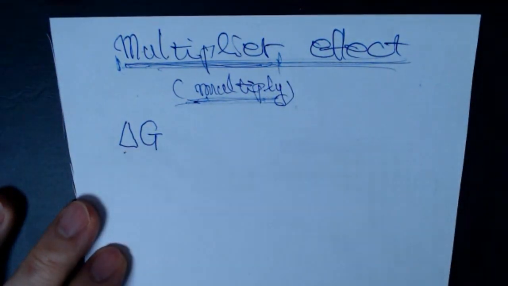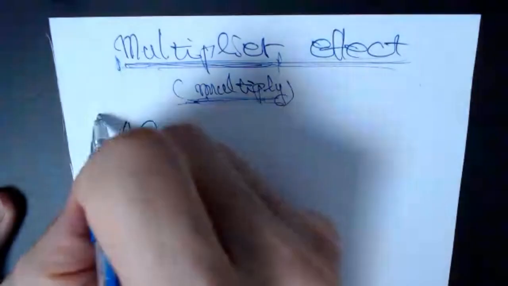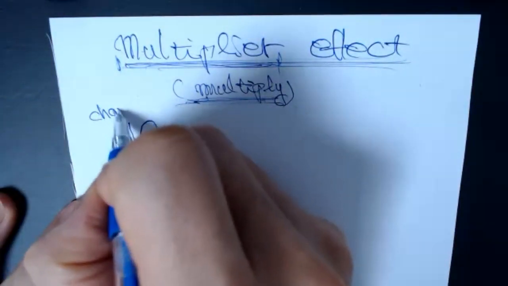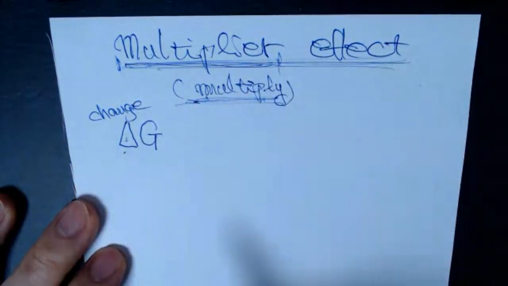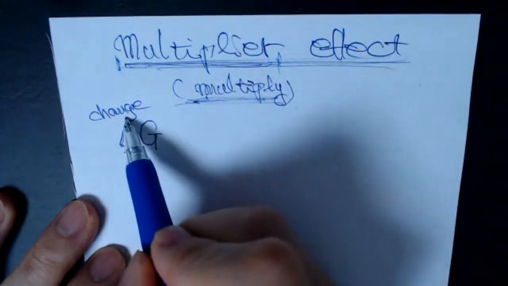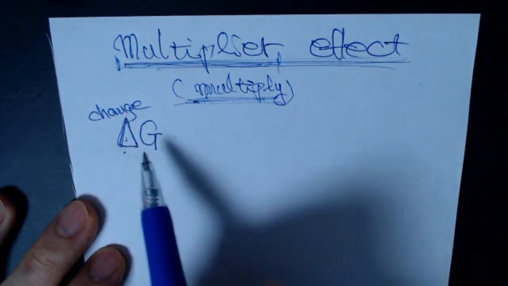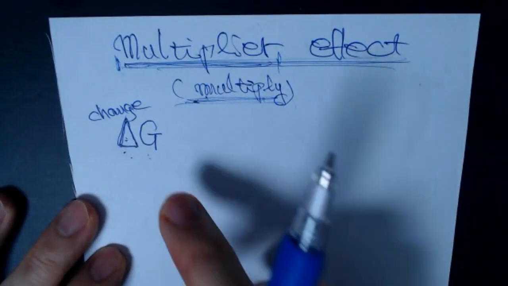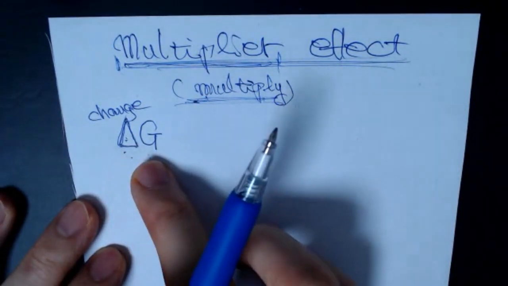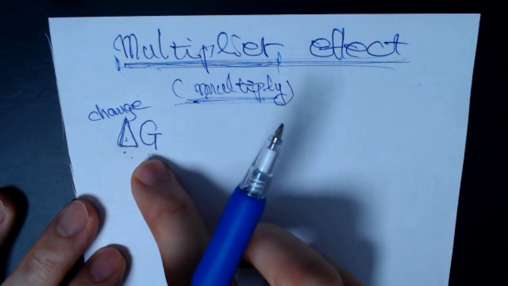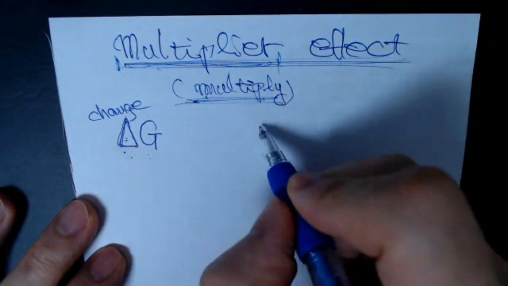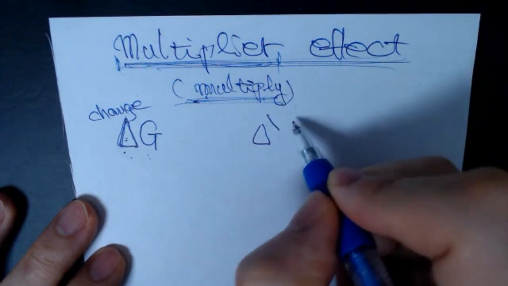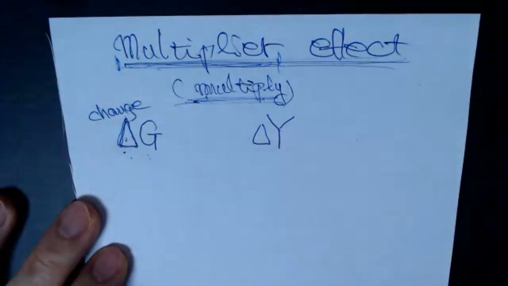What does triangle mean in economics? This always means change, right? So delta G means the change in expenditure. We saw that as government spending increases in our model, national output increases as well, like this, right?